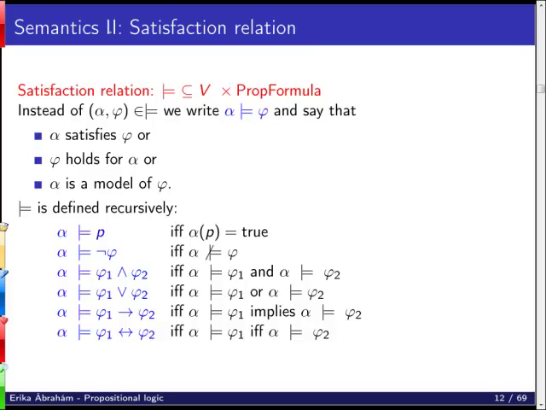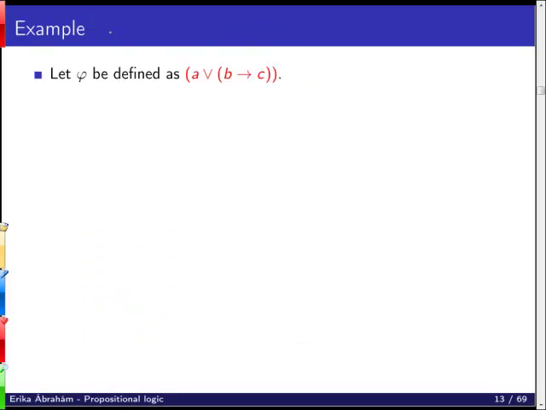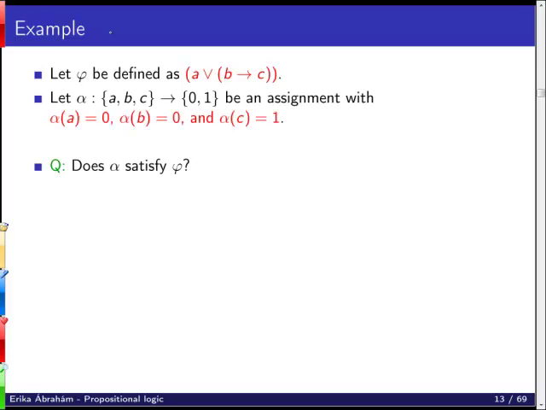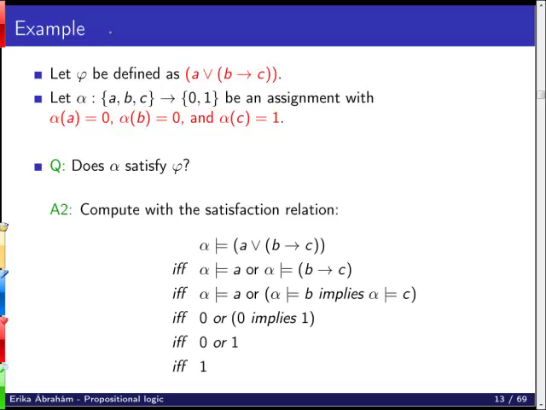Okay, and now if I want to evaluate a formula, let's say A or B implies C, I have to apply this definition recursively. Assume we evaluate it in the context of an assignment alpha, assigning false to A and B and true to C. And we want to know if alpha satisfies the formula.